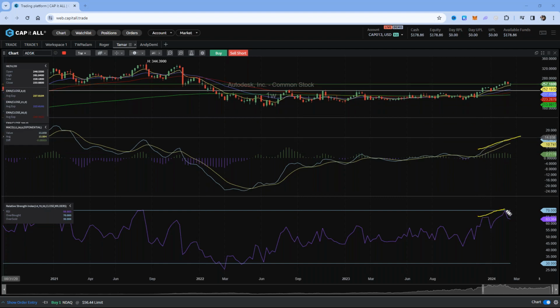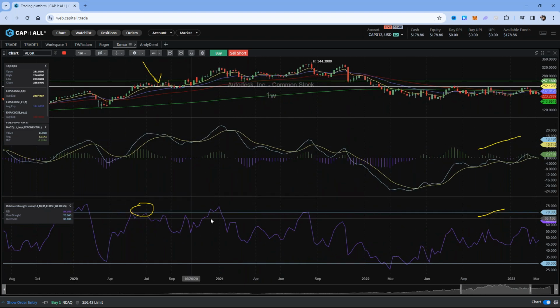MACD, RSI, but again, look at the previous time we were overbought, market sold off. And then here, overbought. We did pull back to the 50, overbought, went sideways for a little while, overbought, we did pull back.